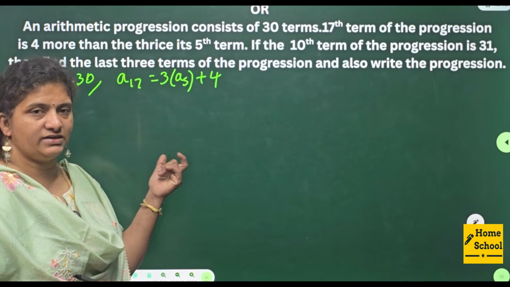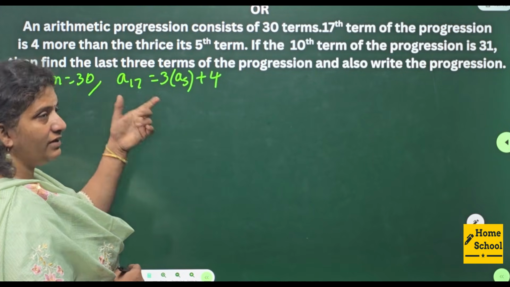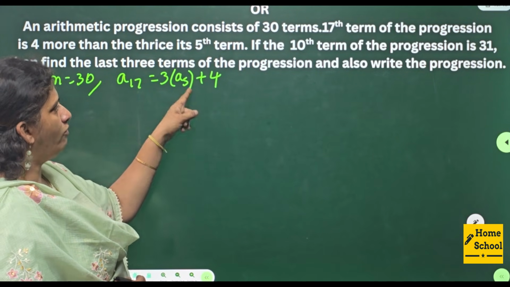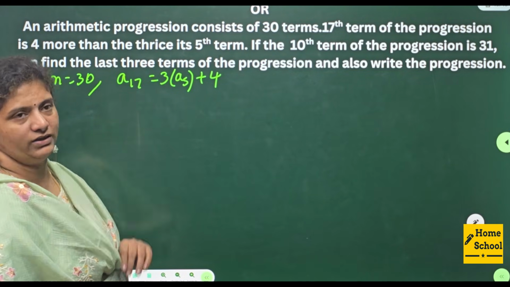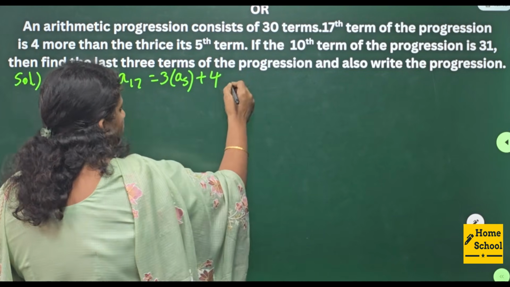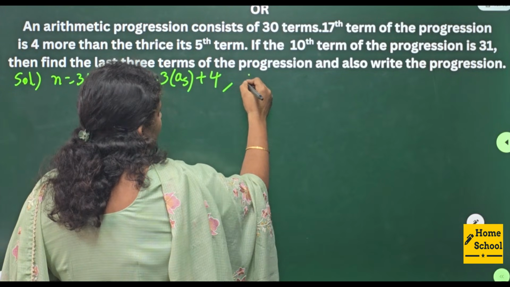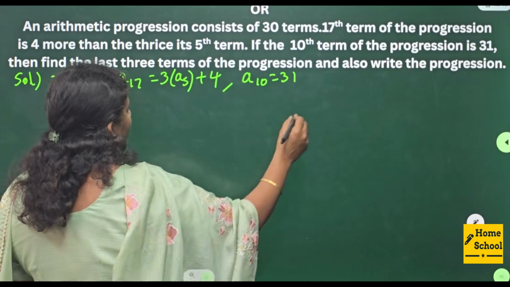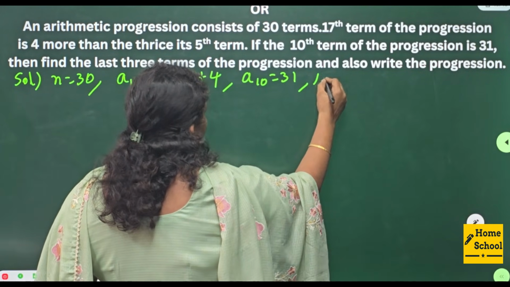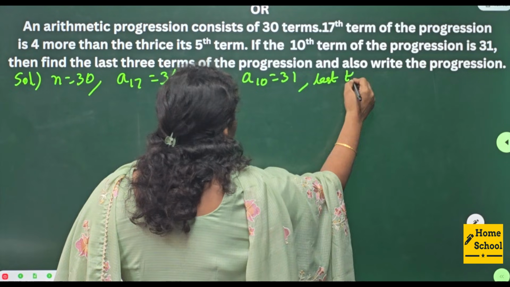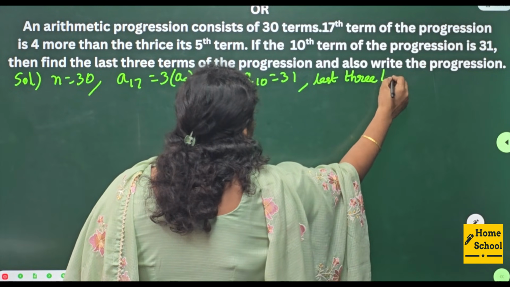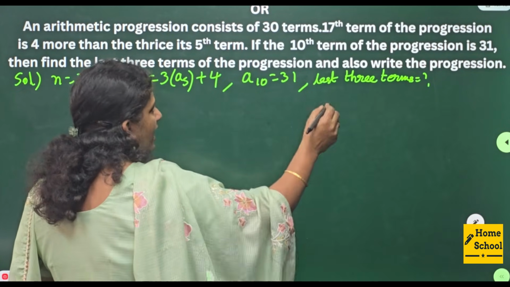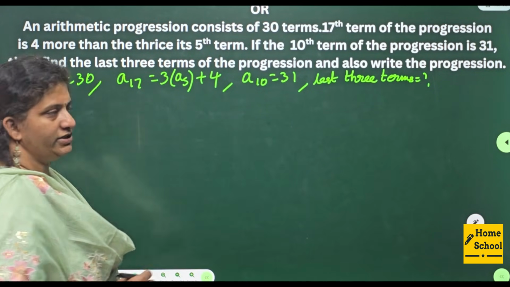We need to understand this statement properly. There are 30 terms. 17th term is 4 more than thrice the 5th term. And one more given: 10th term A10 is 31. Then find the last 3 terms is your question. Last 3 terms is equal to question mark. And also write the progression.